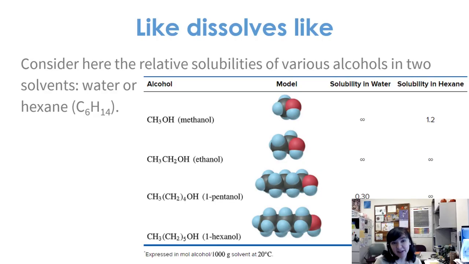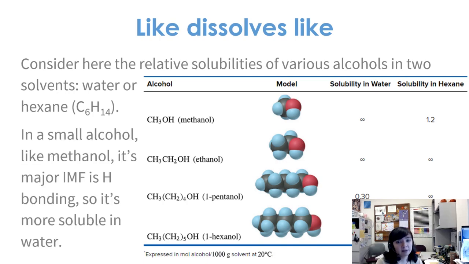What we can infer from this table is that for shorter alcohols with a smaller carbon chain, their dominant intermolecular force is hydrogen bonding. Even though they have that carbon-to-hydrogen bit, which is more dispersion type, the small carbon chain means those dispersion forces are not as strong. Because of that, the smaller alcohols are going to have a higher solubility in water and a lesser solubility in hexane.